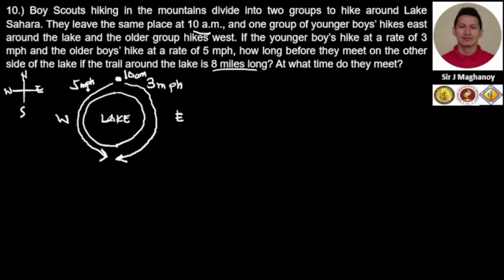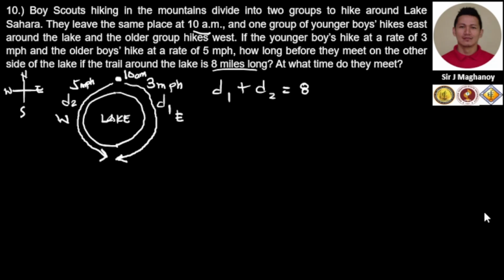Therefore, the distance traveled by our younger boys we assume as D1, and the distance traveled by our older boys we assume as D2. So we can create an equation: D1 plus D2 is equal to 8 miles.